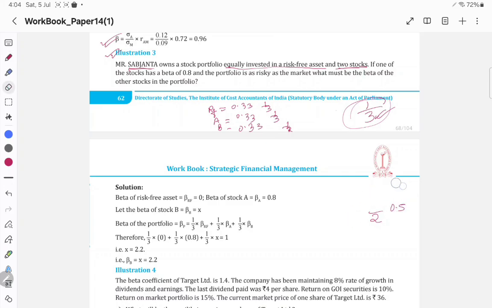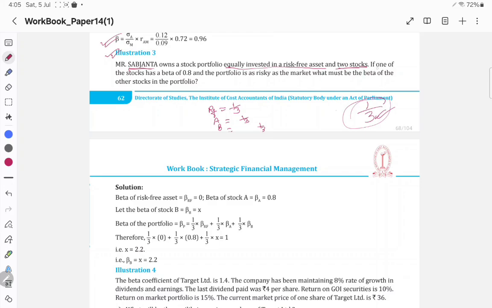So in a similar fashion, if there are 3 stocks and the question says they are equally invested, this means that 1 by 3 portion is invested in each of them.